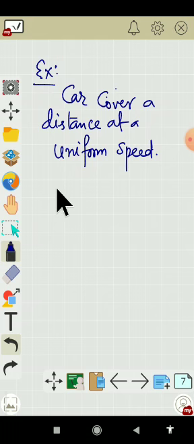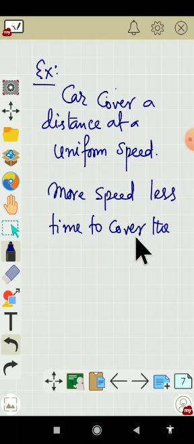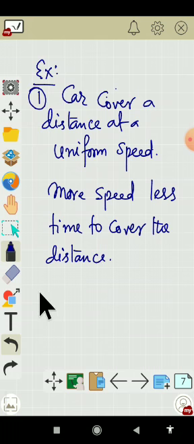Then we can say for certain that the more the speed of the car, the less the time taken to cover the distance. So more speed, less time to cover the distance. So this is an example of inverse variation or inverse proportion.